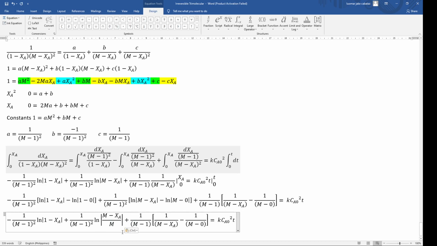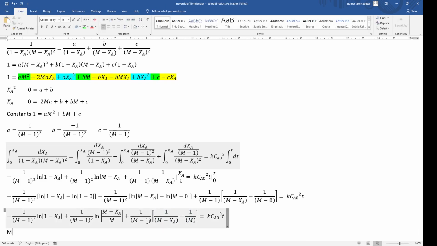So you have that. And then for this one, wala, 0, and then we do some LCD. So we have multiply na siya of m, then we have m minus x_A.